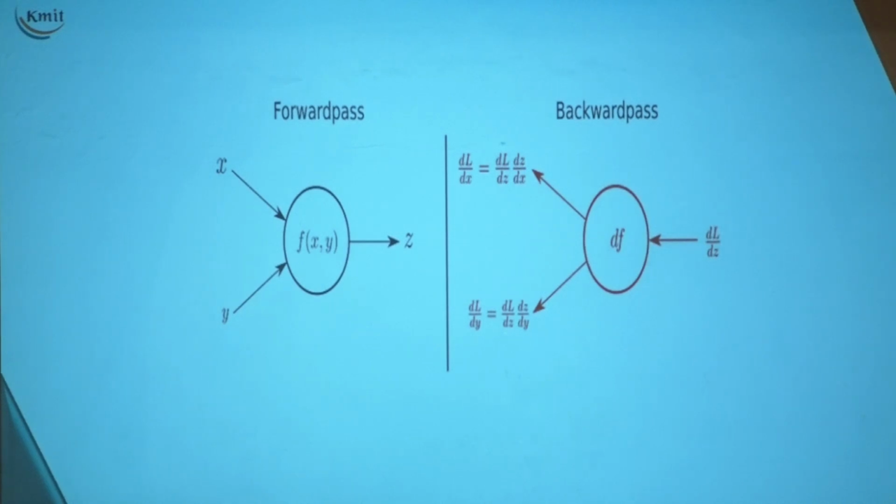Output derivative calculation. After that, W2, B2 derivative calculations. After that, A1, W1, B1. Derivative of A2, W2, B2, derivative of A1, derivative of W1 and B1. Is that understood?